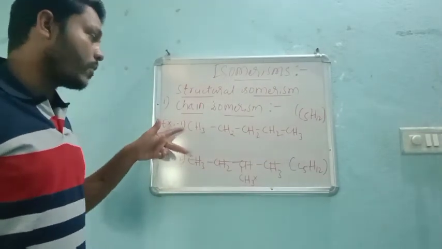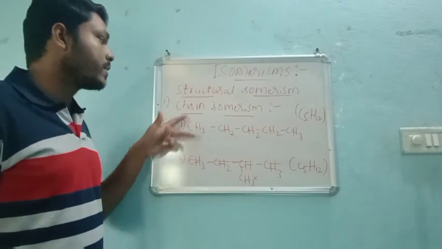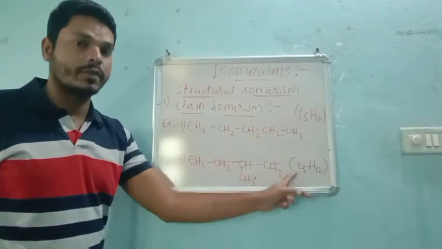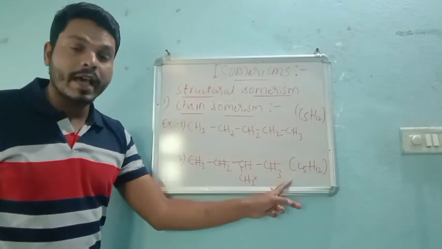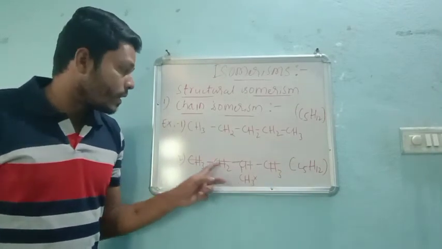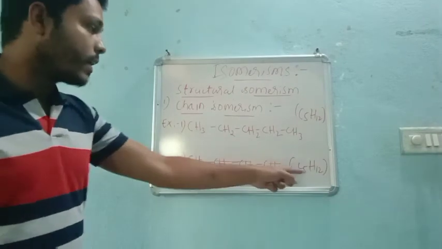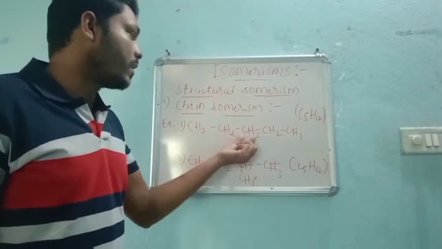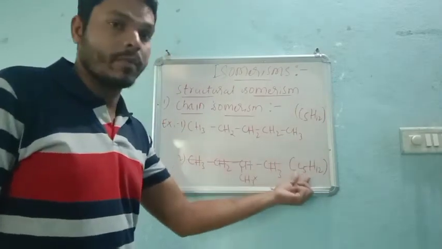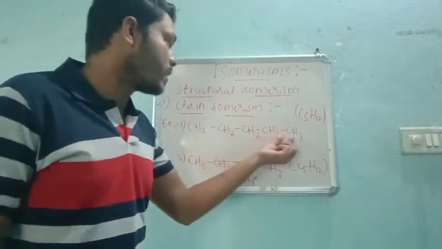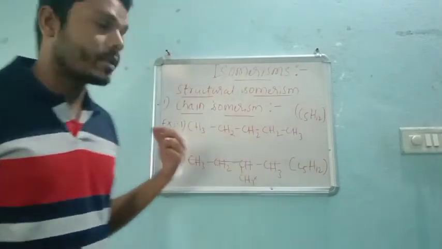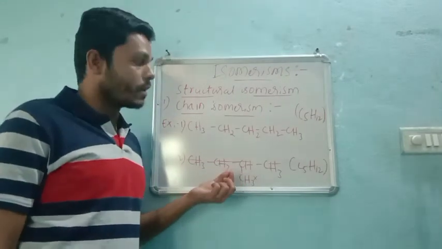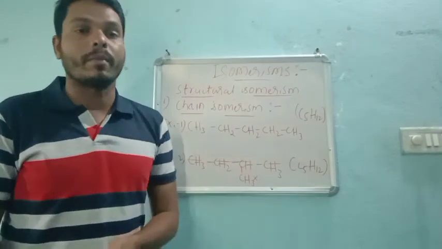Such compounds are called chain isomerism. They have the same molecular formula, of course, but they differ in their chain. In one chain, 5 carbon atoms are directly attached, but in the other chain only 4 carbon atoms are attached.